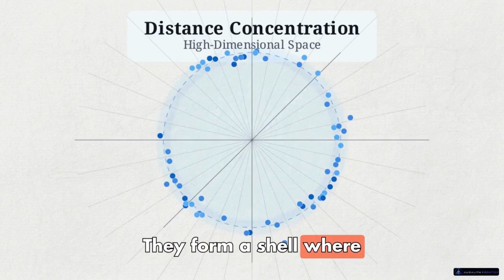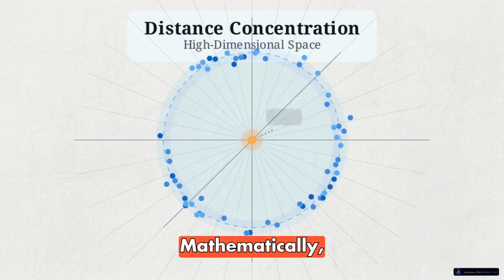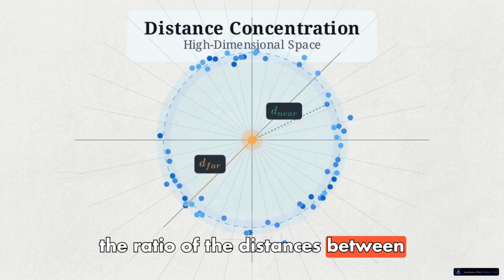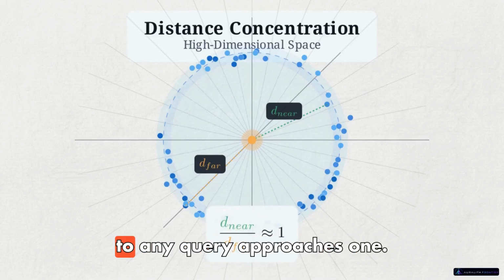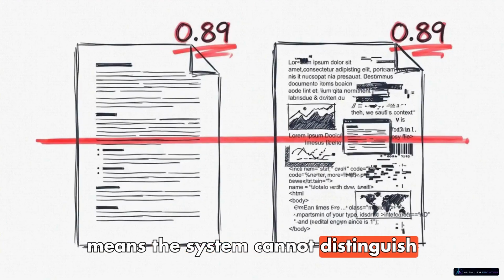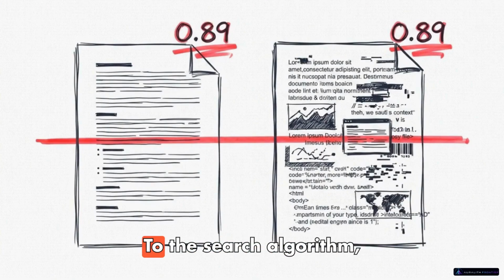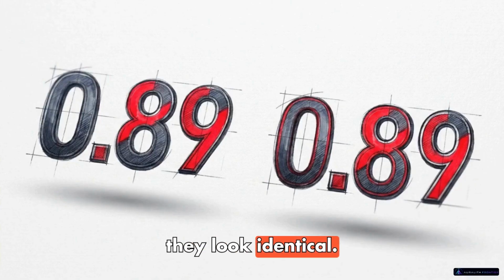They form a shell where every point is roughly the same distance from the center. Mathematically, the ratio of the distances between the nearest and farthest neighbors to any query approaches 1. This means the system cannot distinguish between a highly relevant text chunk and a completely irrelevant one. To the search algorithm, they look identical.